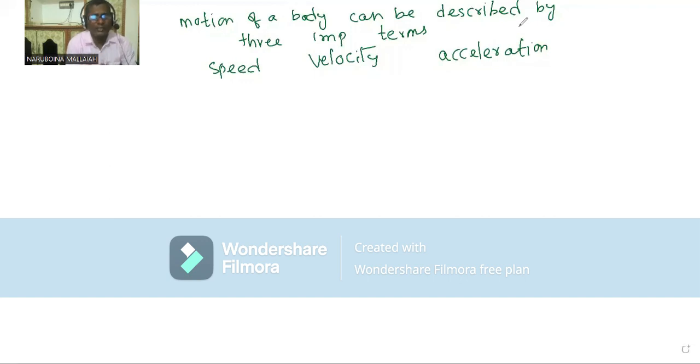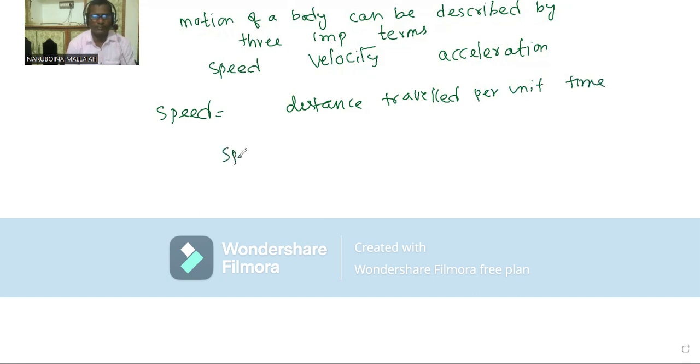So we get one idea about how fast or how slow a body moves. Speed is defined as distance traveled per unit time.